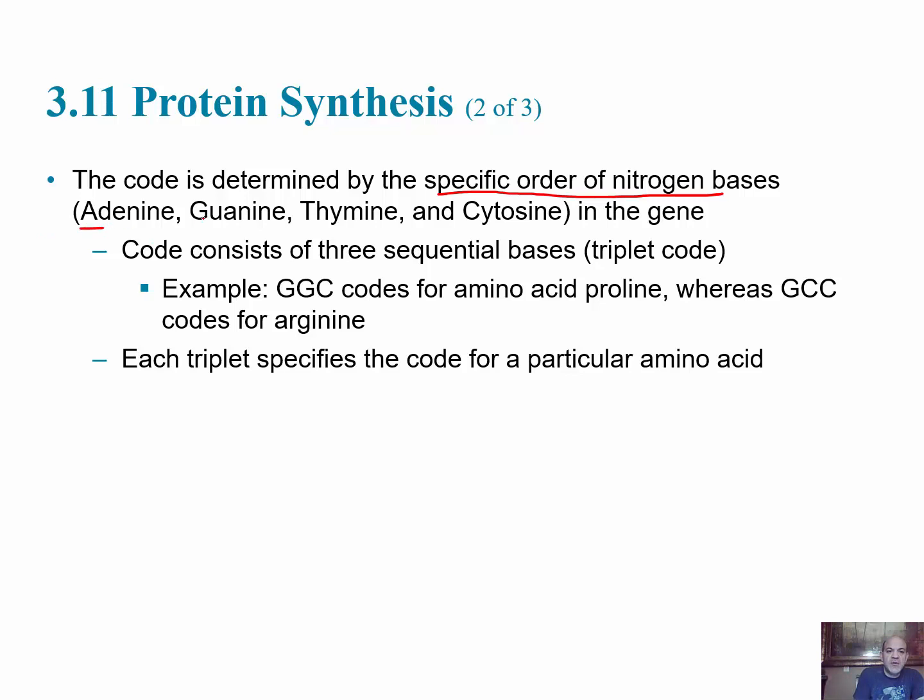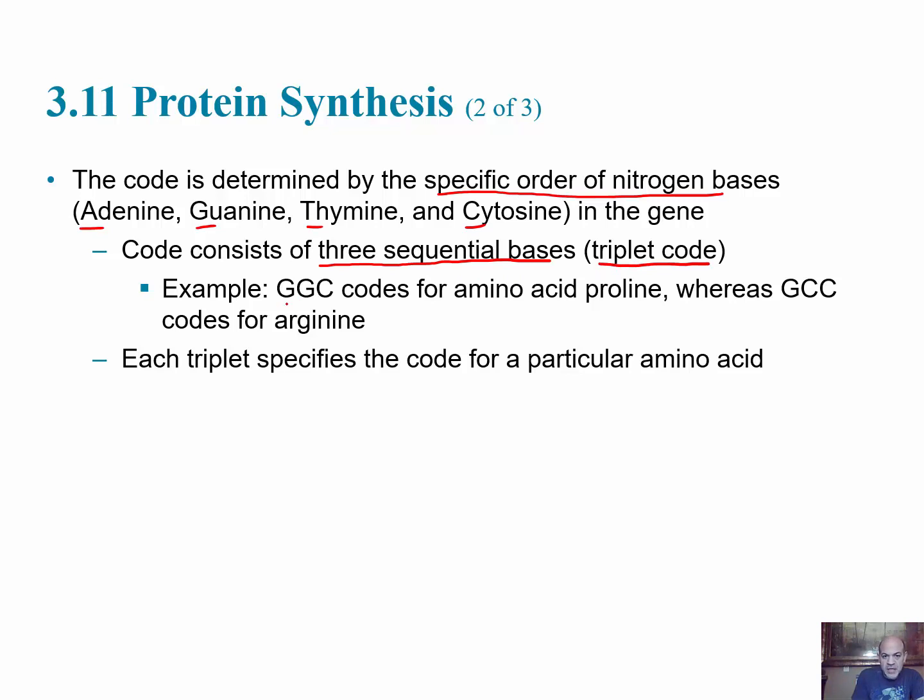Remember, there's adenine, guanine, thymine, and cytosine, and it's the order of those that determines the code. Now, the code consists of 3 sequential bases, which we're going to call a triplet. So on DNA, every 3 bases that are part of coding for a protein is going to be referred to as a triplet.